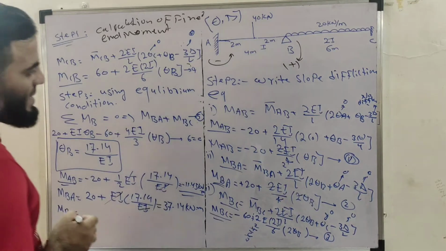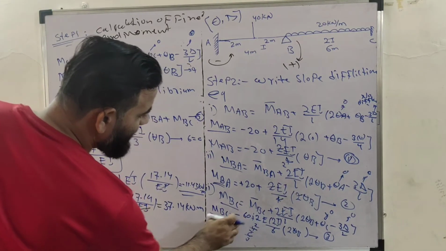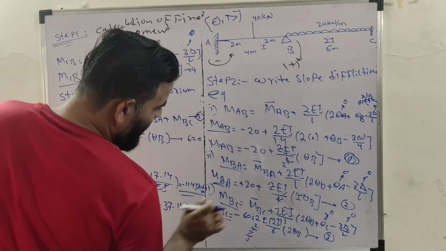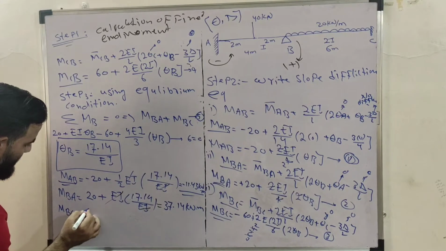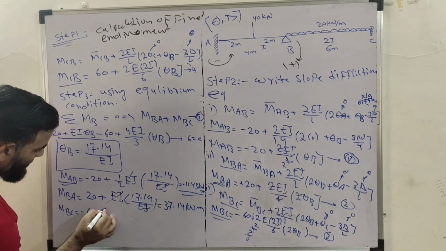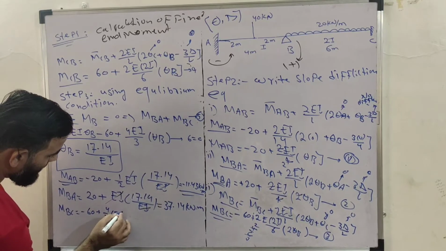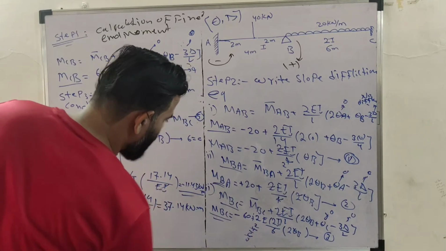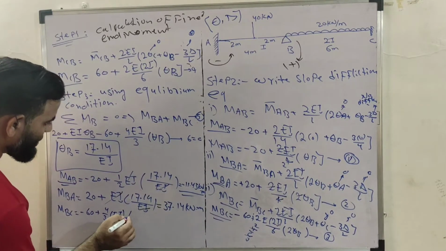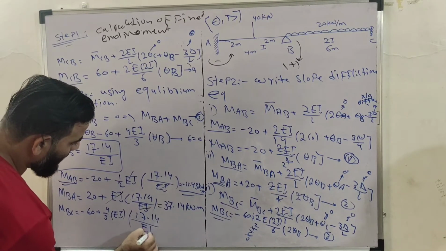What is BC? The equation of BC is this one: minus 60 plus 4 by 3 EI theta B. Theta B we will substitute with the value 17.14 by EI.